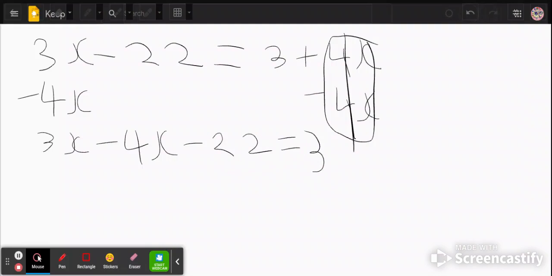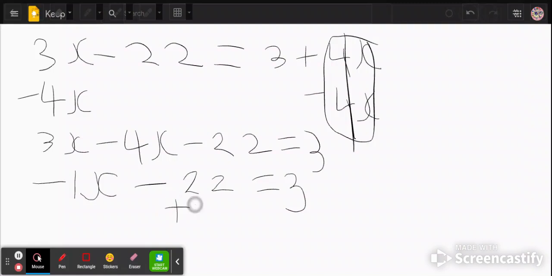3x minus 4x will leave us with negative x, or negative 1x. So negative 1x minus 22 is equal to 3. Now, what we need to do is to get rid of the number that's beside the x, and that is negative 22.